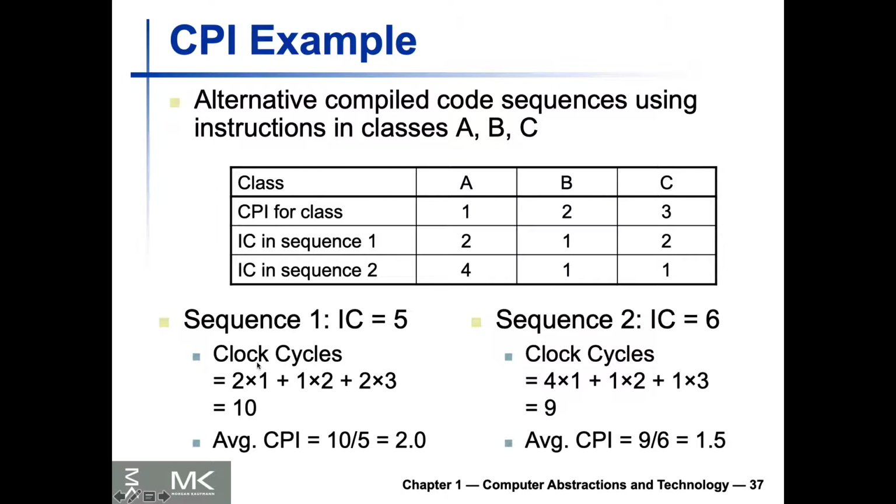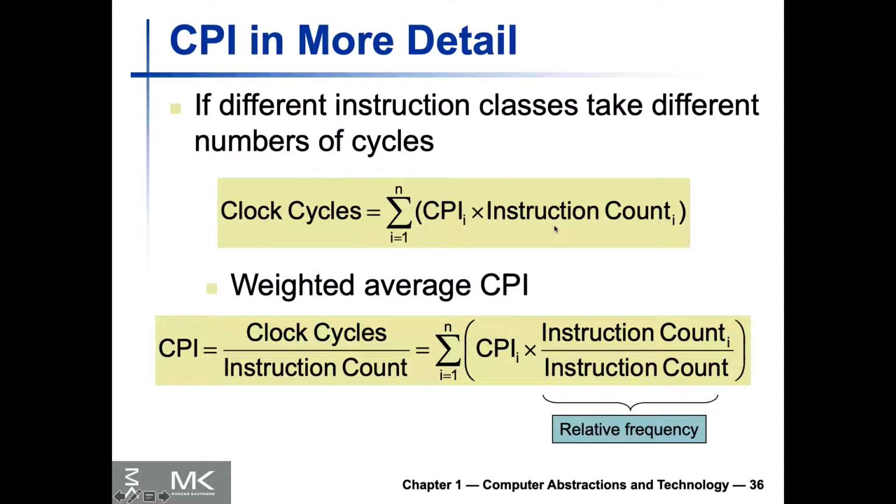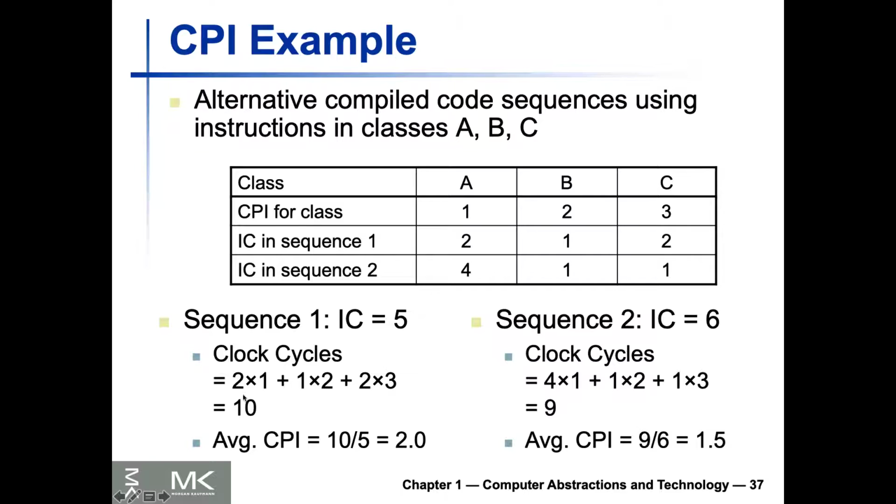And then you have to make a weighted sum here. So 2 multiply 1, 1 multiply 2, 2 multiply 3 is equal to 10. So the average CPI is that overall 10 divided by the 5, right?